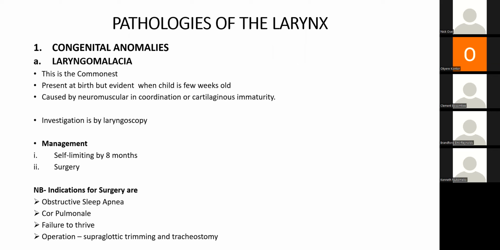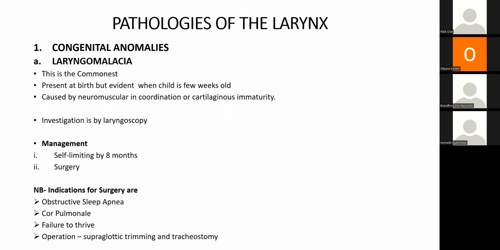So laryngomalacia is when the larynx, also known as the voice box, becomes very weak and unable to coordinate, as a result of immature cartilage. Remember, we have the 3 paired and 3 unpaired cartilages.